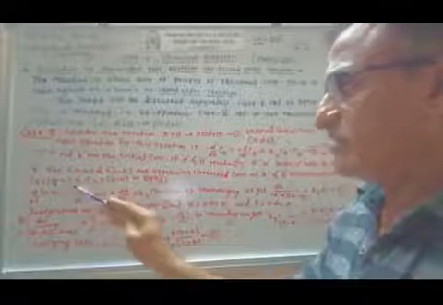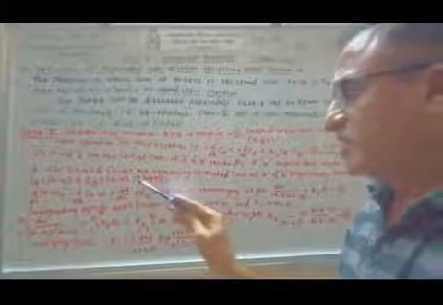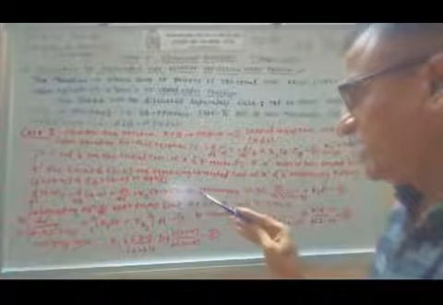Now putting these values, Ca is equal to a minus x and Cb is equal to b minus x in equation number 2, we will get minus d by dt of a minus x is equal to minus d by dt of b minus x, that is equal to dx by dt. So simplifying these both, we get dx by dt, that is equal to k2 into Ca and Cb, we can write a minus x and b minus x. Now rearranging this equation, we get dx upon a minus x into b minus x is equal to k2 dt, call it equation number 3.